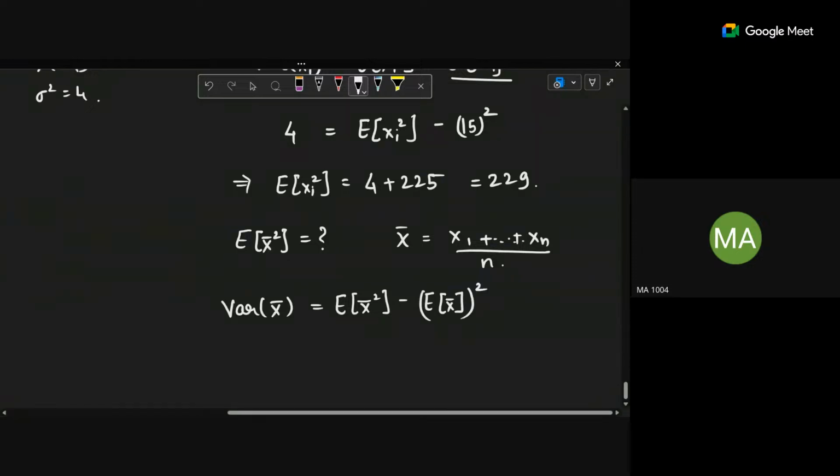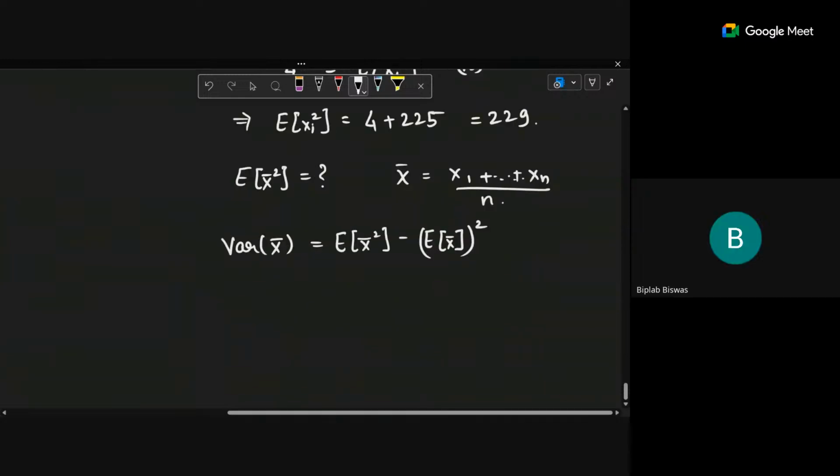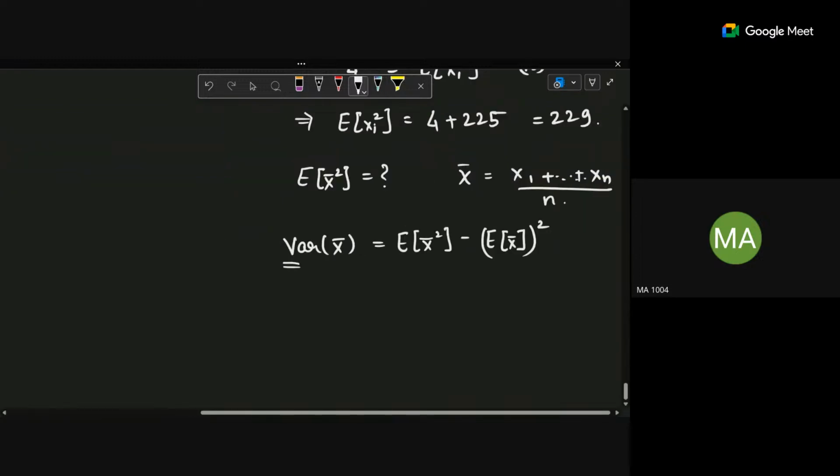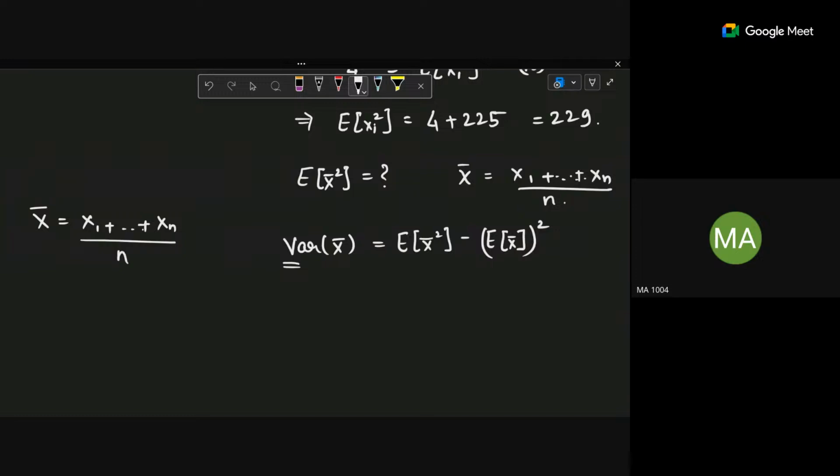X bar is a sample mean, the sum of x1 to xn divided by n. Then what is the expectation of x bar and the variance of x bar?